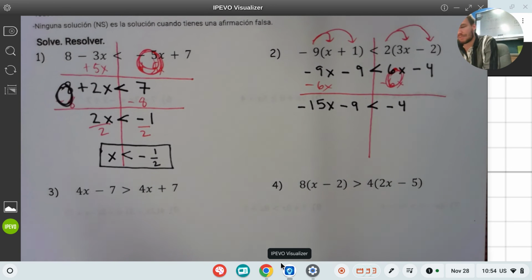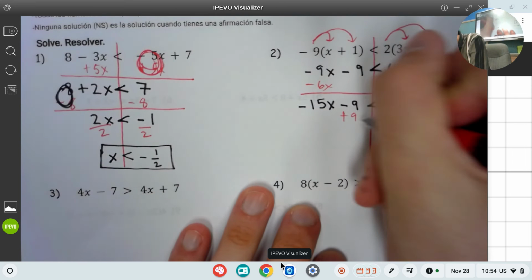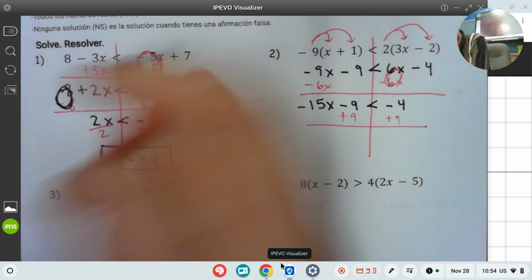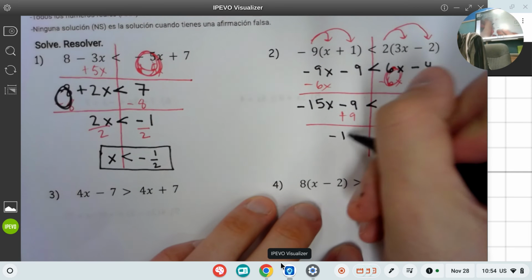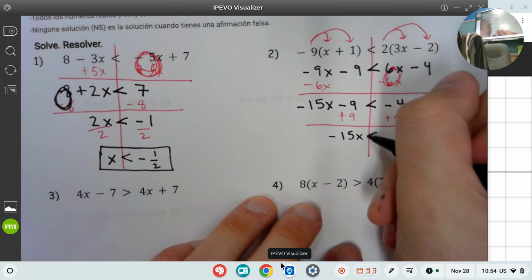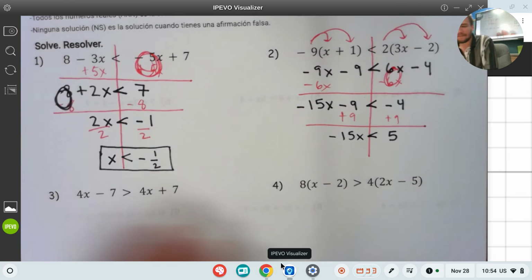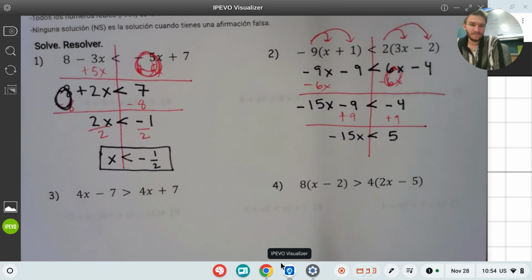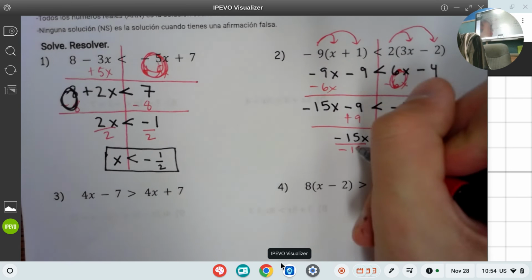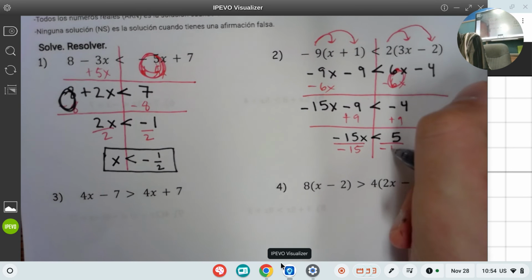Now we want to move the 9 to the other side. Plus 9 plus 9. Negative 15x less than 5. And we want to finish this question like we always do, divided by negative 15.